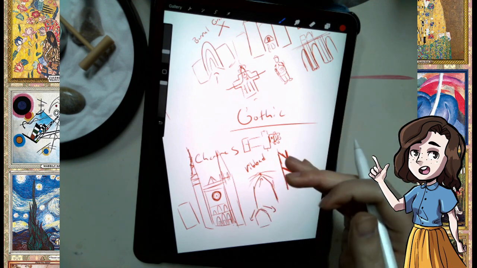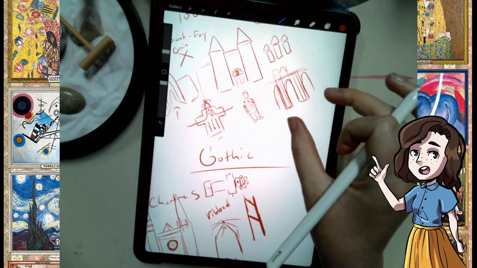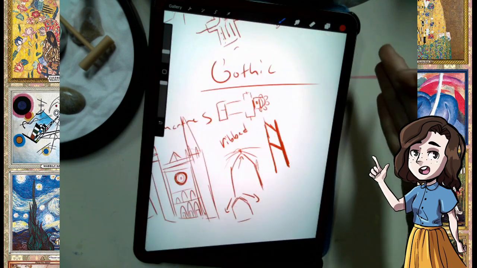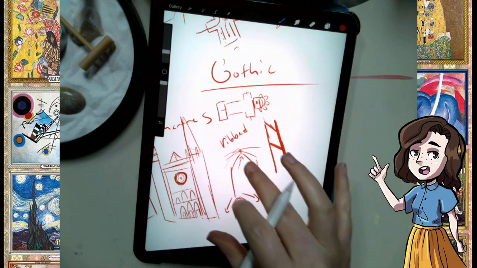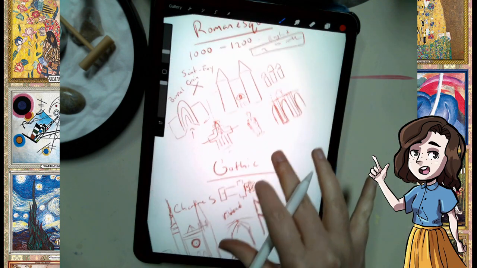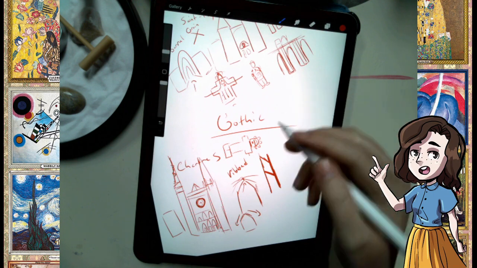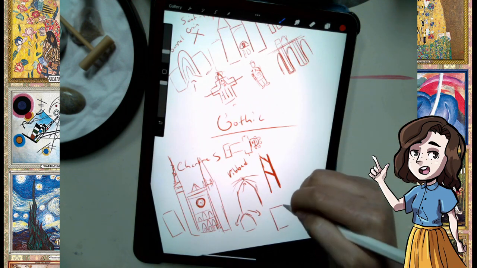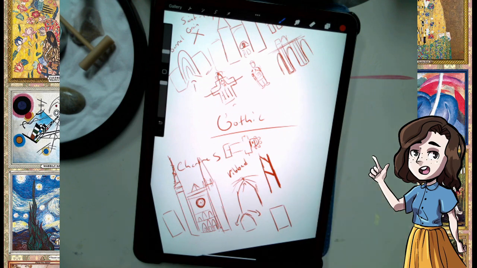So less of the load bearing is on the piers, more on all of the structure evenly throughout it. That way it stands. Now, this is also a pilgrimage church, but the relic they have is one of Mary's veils. So I believe it's the one she wore when she gave birth. I totally messed that up.